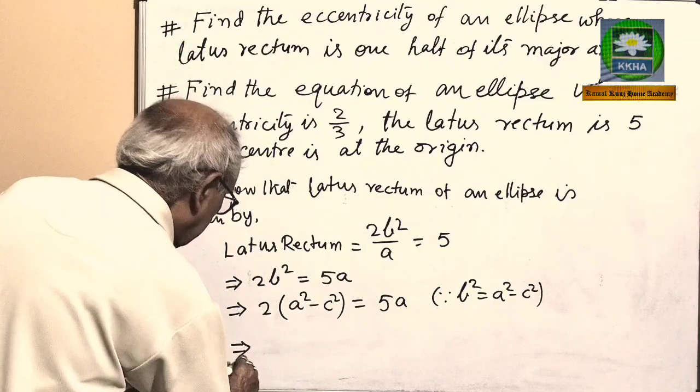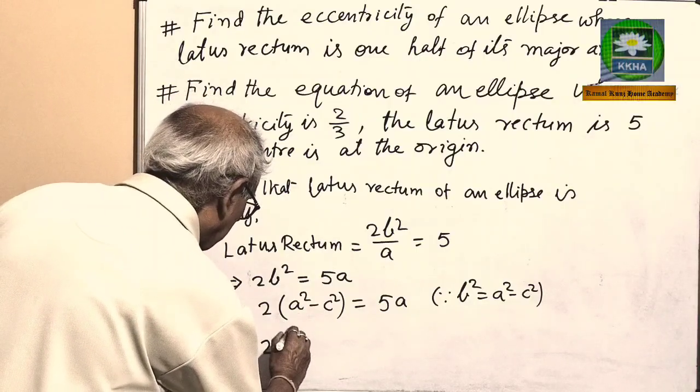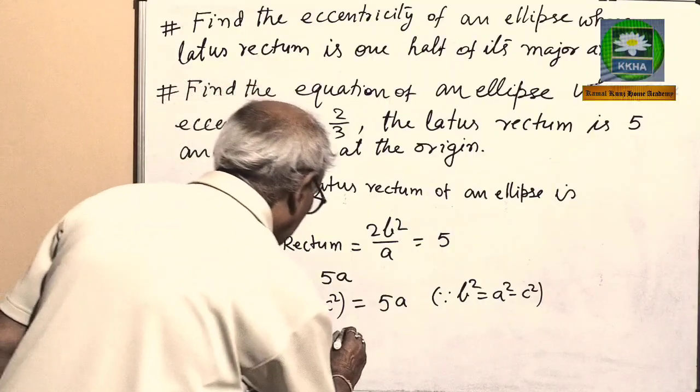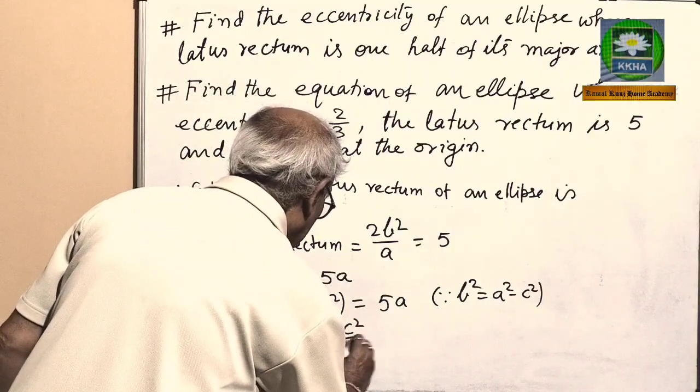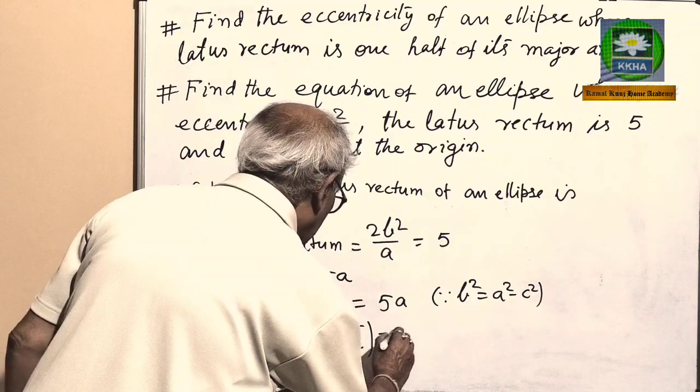This implies that twice, we take a square outside, 1 minus c square upon a square equal to 5a.